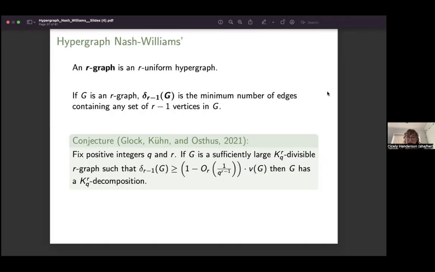They posited that for fixed positive integers Q and R, if G is a sufficiently large KQR divisible R graph with minimum R minus 1 degree at least this number times the number of vertices, then G has a KQR decomposition.